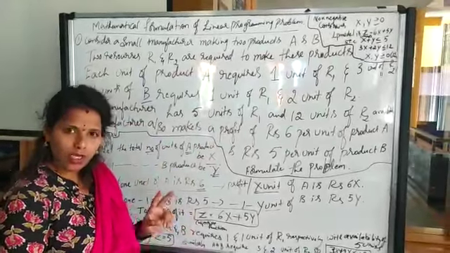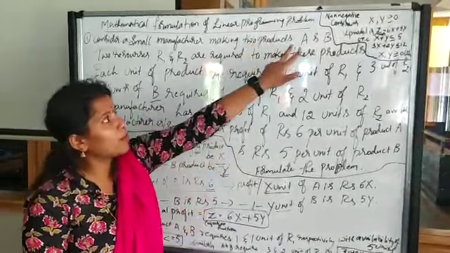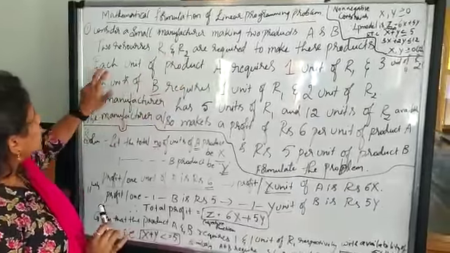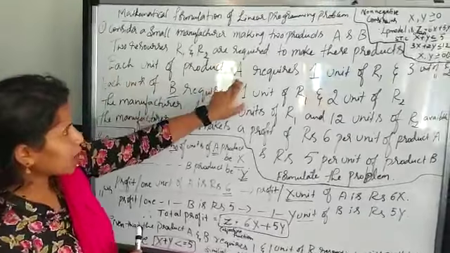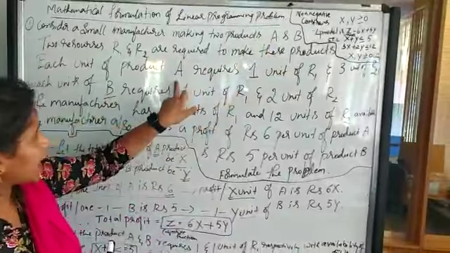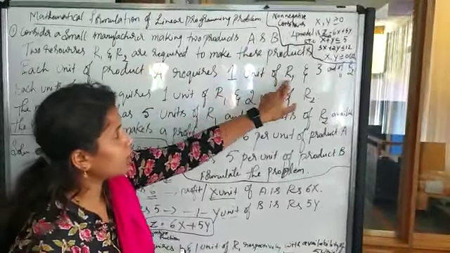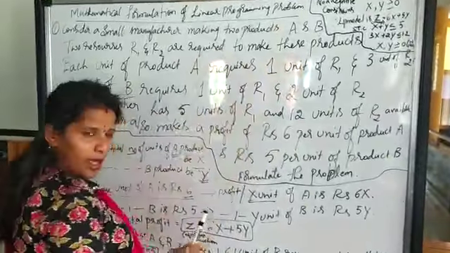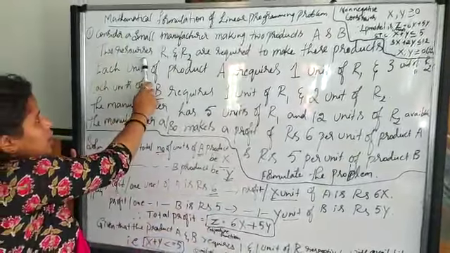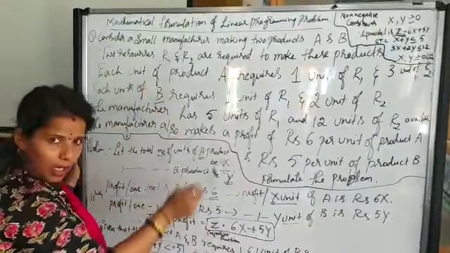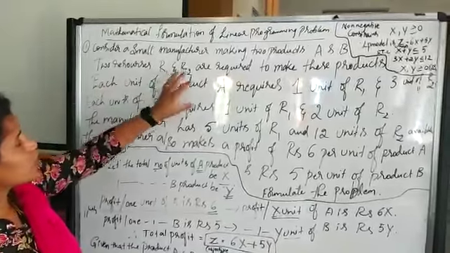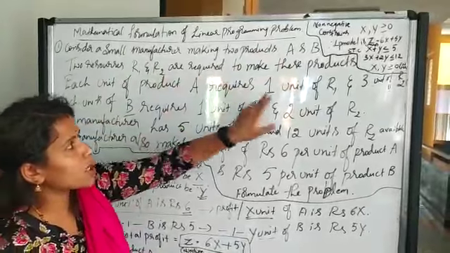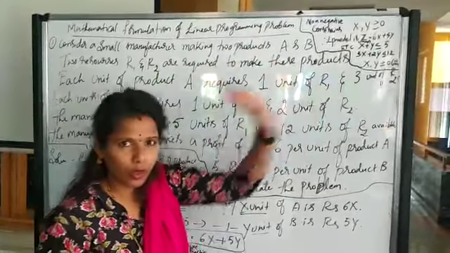To produce product A, it requires 1 unit of R1 and 3 units of R2.